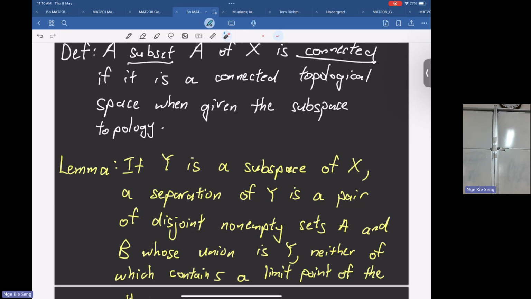I think it's a bit similar to what was said before: there's a distance between them. But here we didn't use the idea of distance. Here we use limit points. But how do we define limit points? Remember how we define limit points in topology? We use open neighborhoods, not the delta ball, not the d ball again.